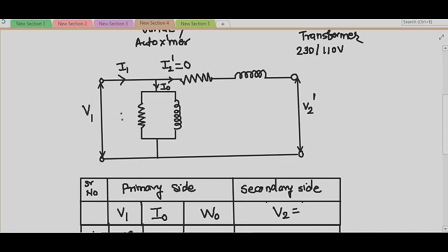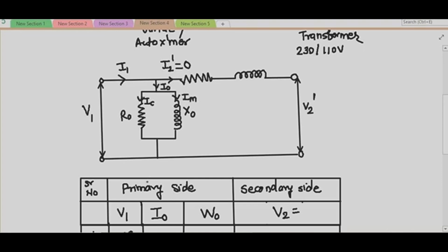This is R0, this is X0. The current through this is IC, the core loss component of your no load current, and this is the magnetizing component of your no load current.